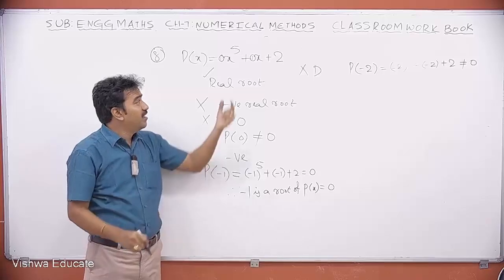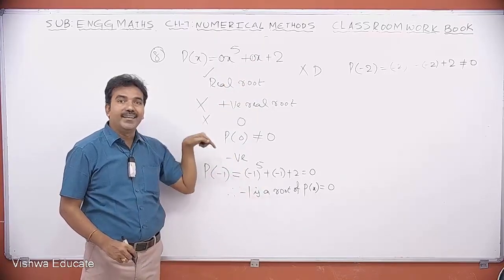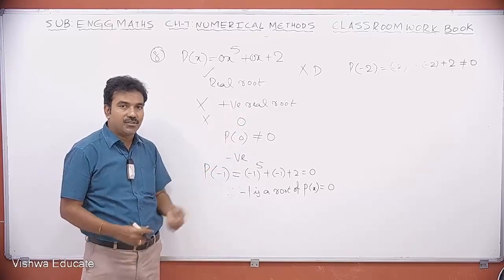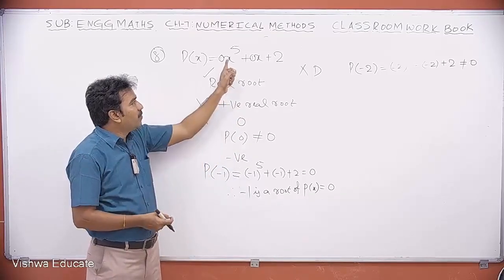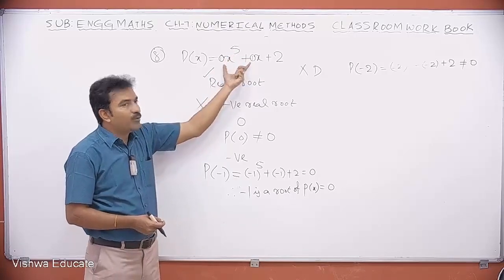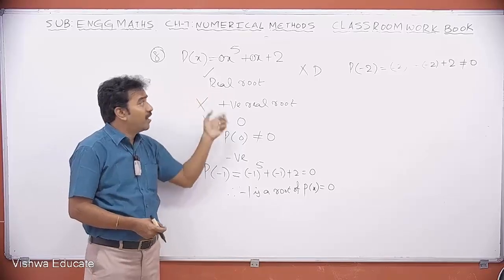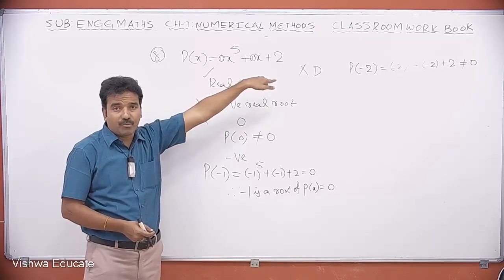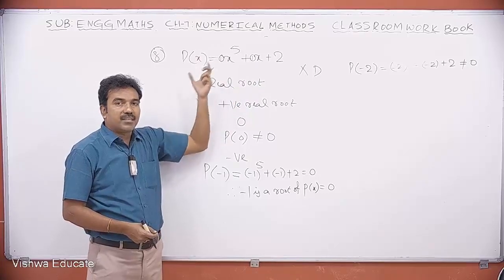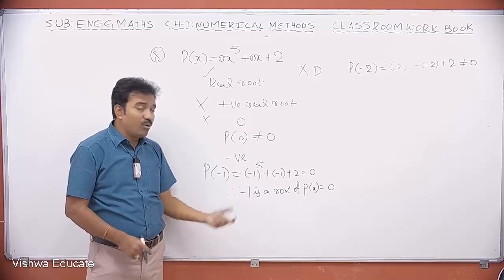So that should not be equal to minus 2 in terms of magnitude. Therefore, p of minus 3 cannot be 0, p of minus 4 cannot be 0. Why is it so? When you replace x by a negative number, x power 5 is negative, x is negative, so x power 5 plus x will again be a negative number, but that should not equal plus 2 in terms of magnitude. Therefore, this cannot be 0 when you replace x by any real number other than minus 1. So minus 1 is the only real root.